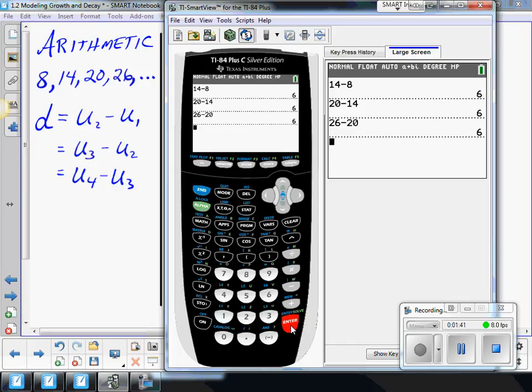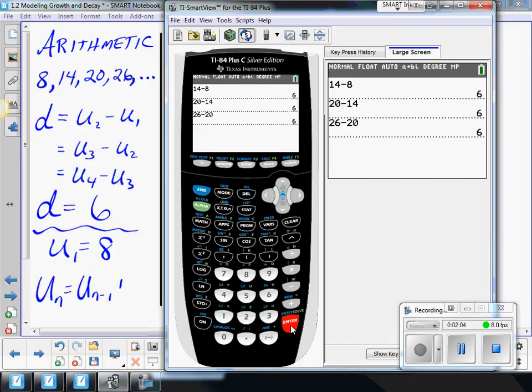And since it has that number in common, it's a common difference, and we are arithmetic. So the difference here would be 6. If they wanted you to write a formula, you would say the first term is 8. To get to any other term, you take the previous term plus 6. That's arithmetic from start to finish.